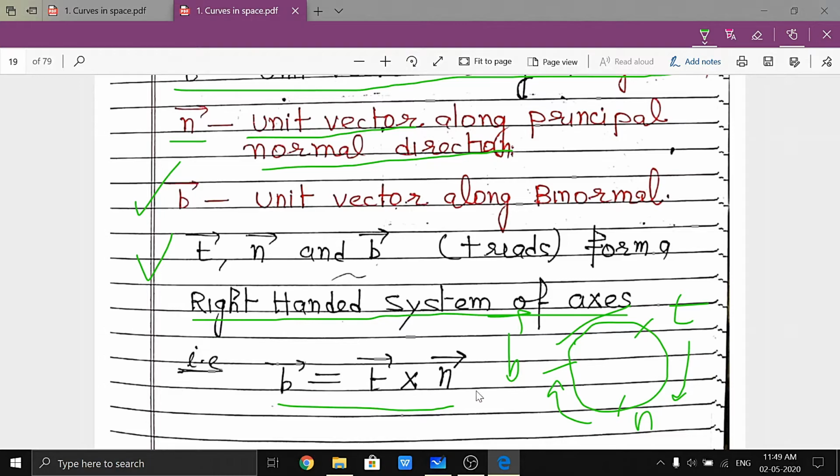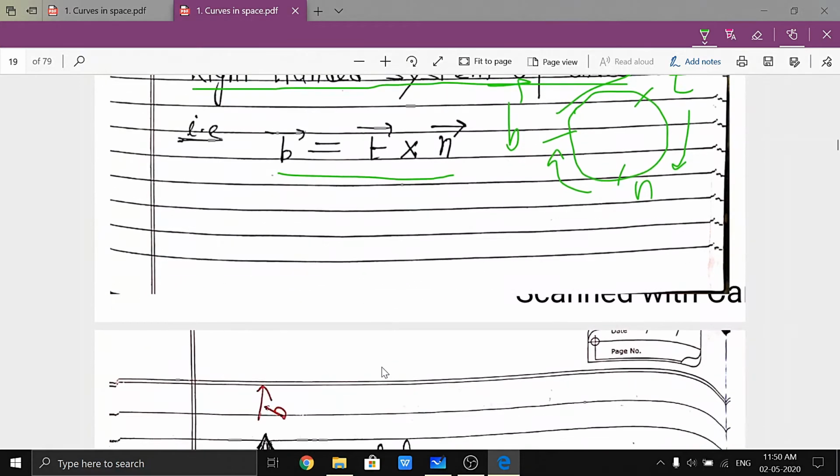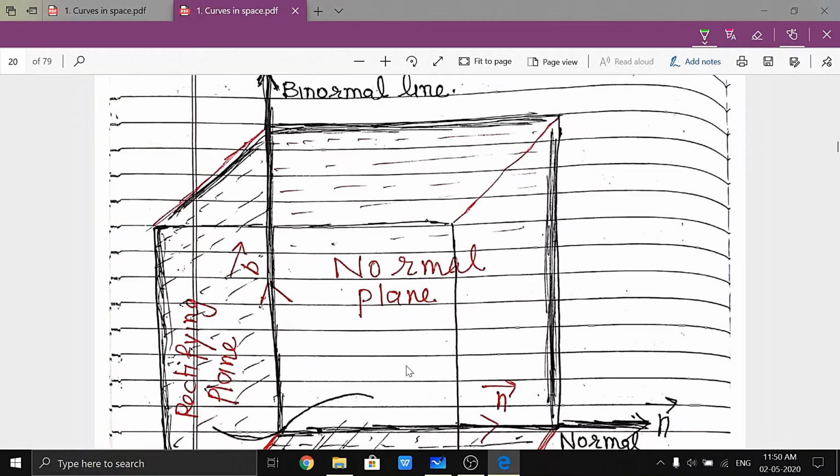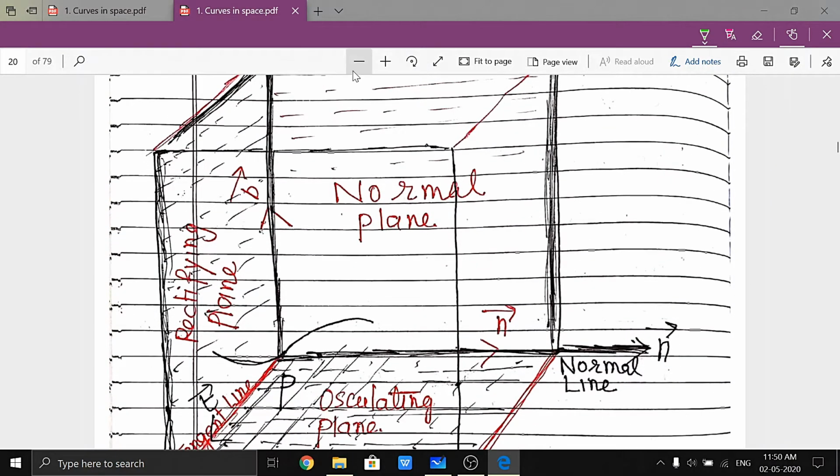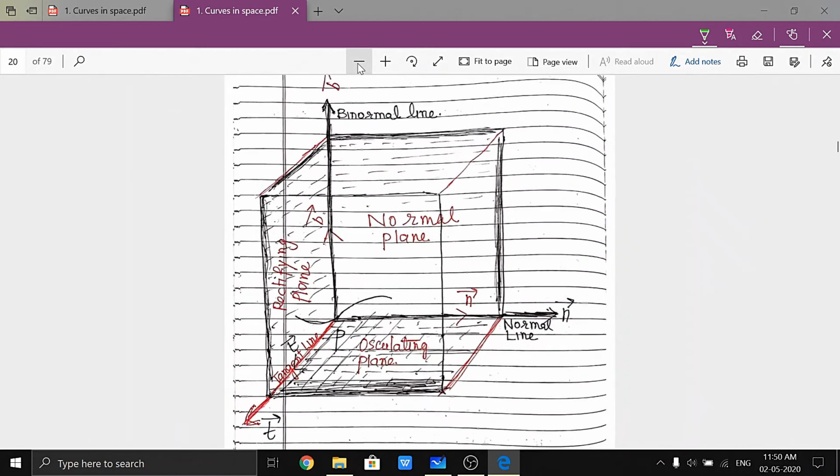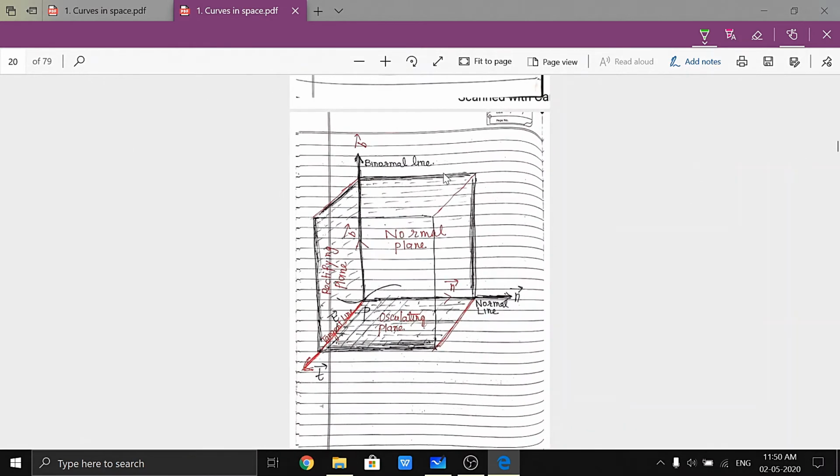Now, suppose we are sitting in a room, and this is the room. We are sitting at this place. Suppose this is some member A. Now, one direction of the room, suppose this vector is the T vector.